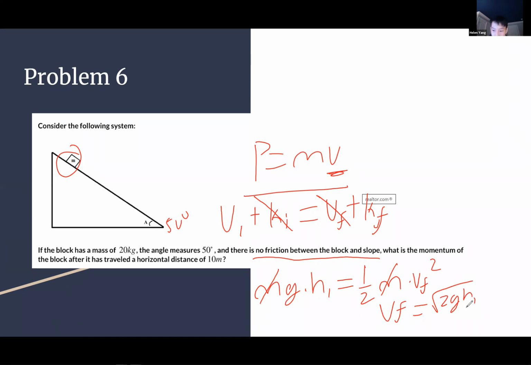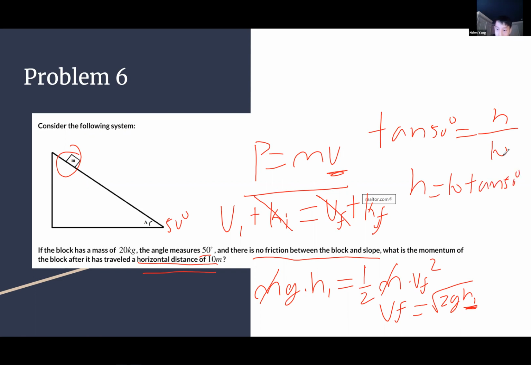We don't know the height actually when we're given the horizontal distance, but we are given the angle. If you know tangents already, you would know that tangent 50 degrees in this situation would be equal to the height over the horizontal distance, which is 10. So we can find that height is 10 times tangent 50 degrees.